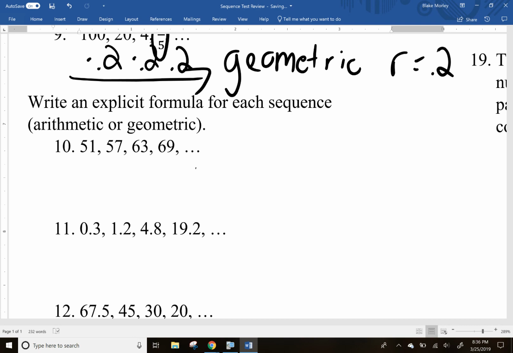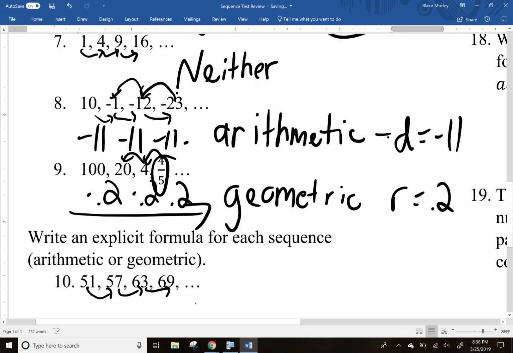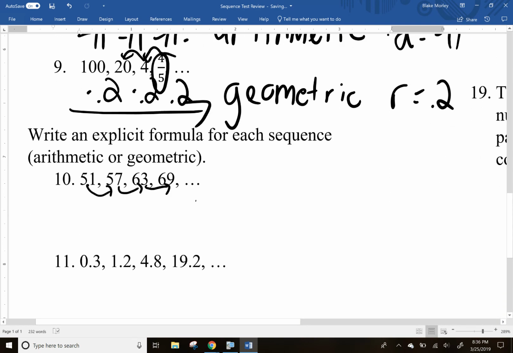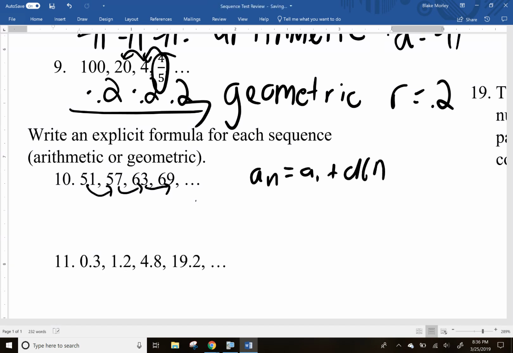So notice this sequence, 51, 57, 63, and 69. If you're wondering if it's arithmetic or geometric, do the same thing that we were doing before to determine that. Just to save time, I'm going to tell you that this is an arithmetic sequence. So we're going to use the arithmetic formula, which is this one that I just wrote down a second ago. And all I need is the first term and the difference that we're adding by.